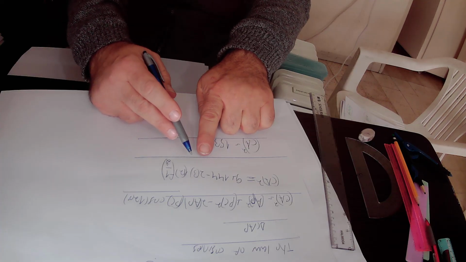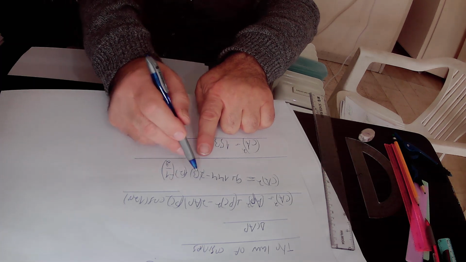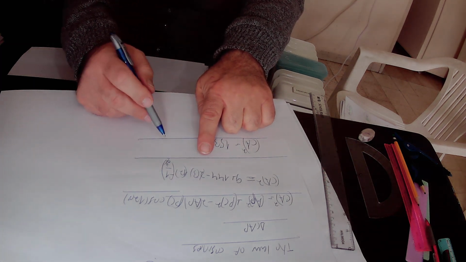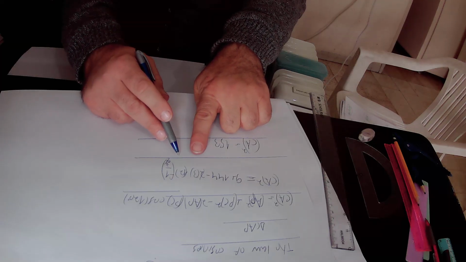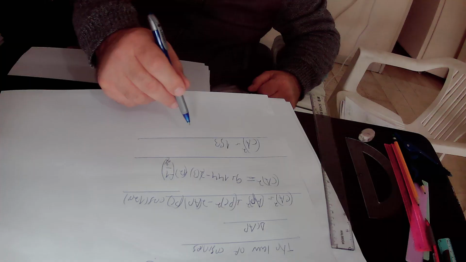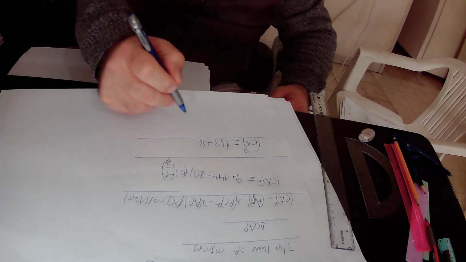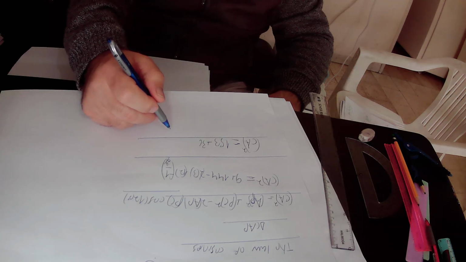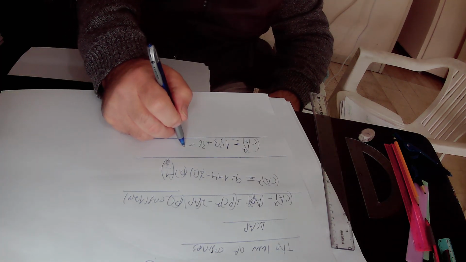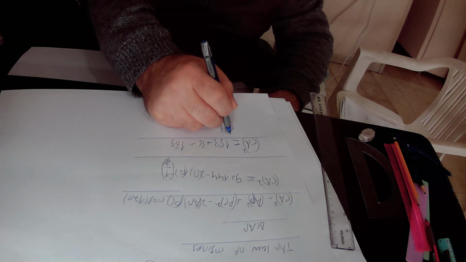We have 2 in the numerator and 2 in the denominator, so the 2s cancel. After cancelling, this expression equals 3 times 12, that is 36. So in total, CA squared equals 153 plus 36, that is 189. CA squared equals 189.